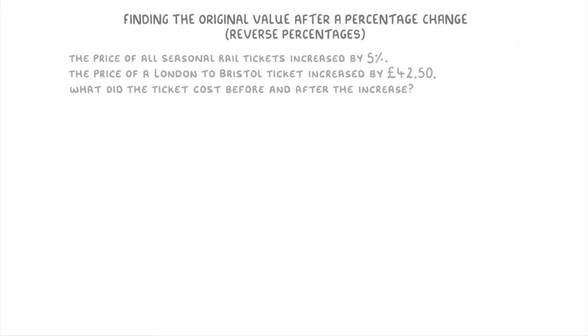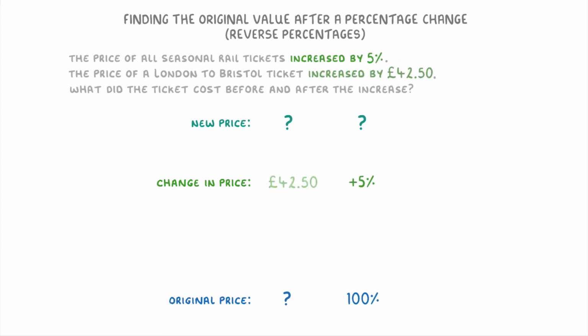So just like before, let's think of it in terms of the original price, which is 100%, and a new price. But this time it's a bit different because we don't know the value of the new price. Instead, we're given extra details about the change in price. The question tells us that the price has increased by 5%, and that the actual value of that 5% increase is £42.50.